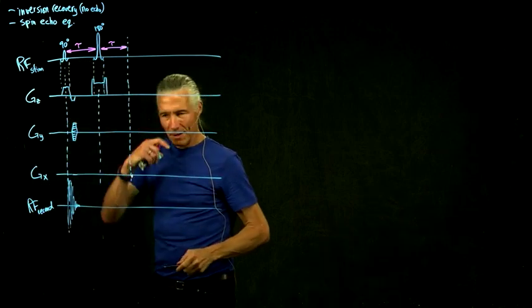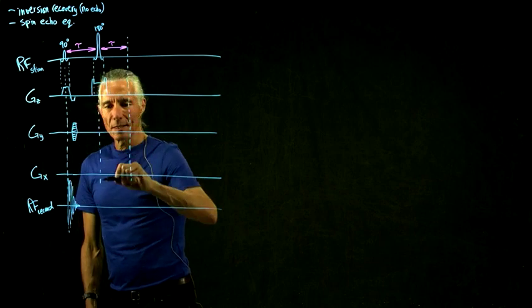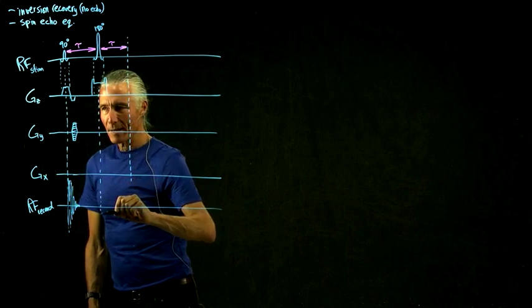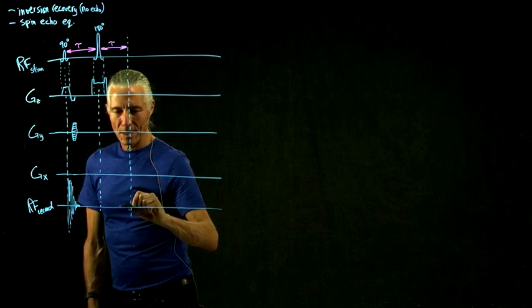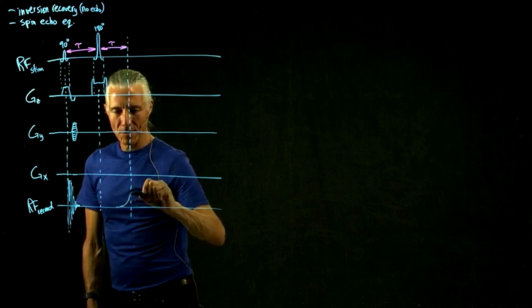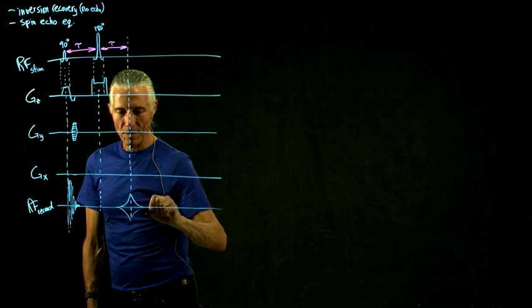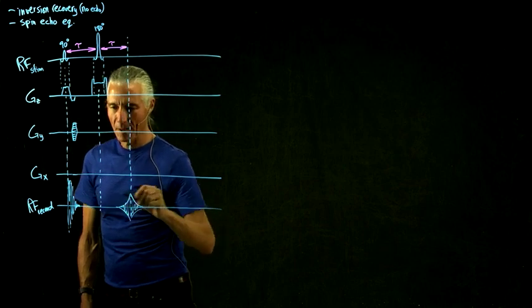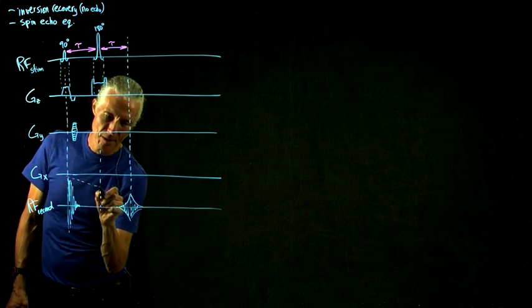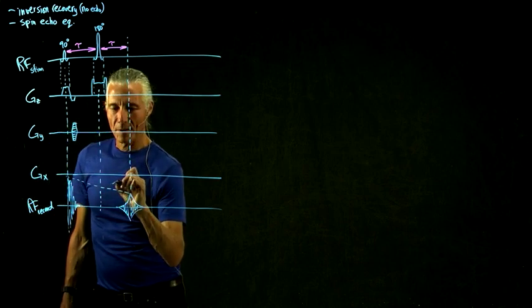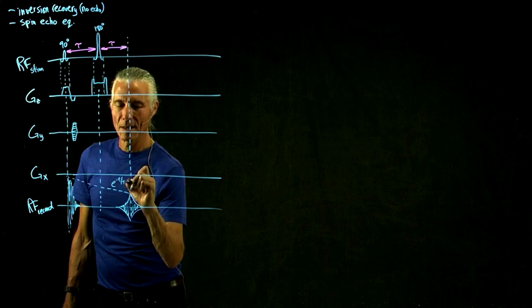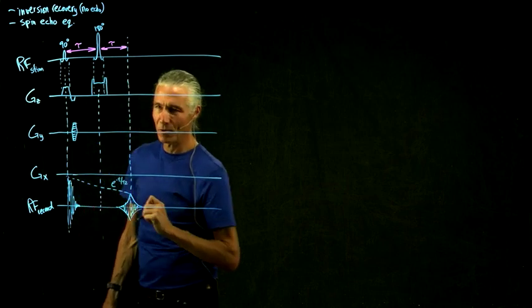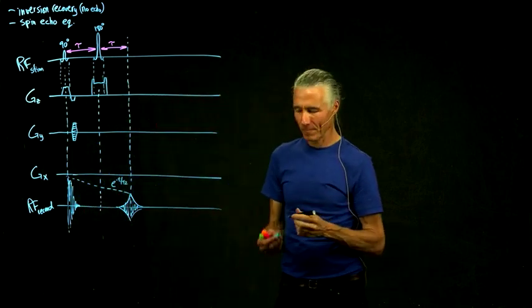Not recording that. And then what will happen is when we do the 180, nothing happens if it's a good 180. And then basically we should get a spin echo over here. And then this number here is going to be e to the minus t over T2, not T2 star, because we did a spin echo.